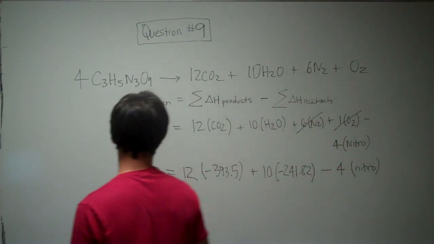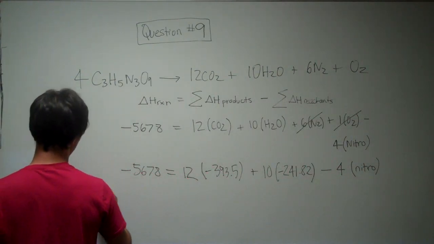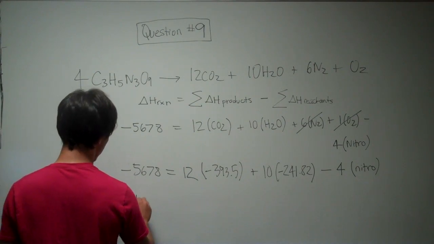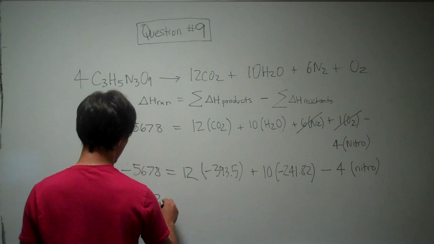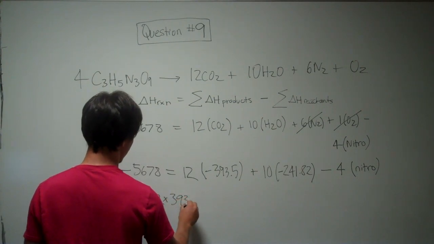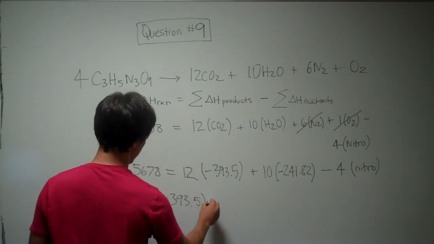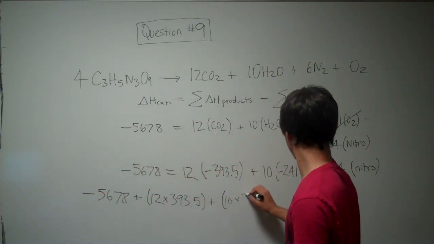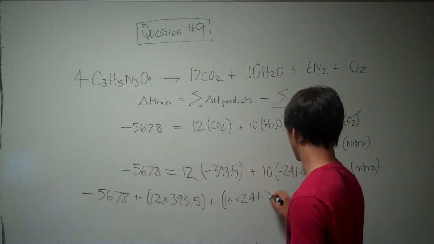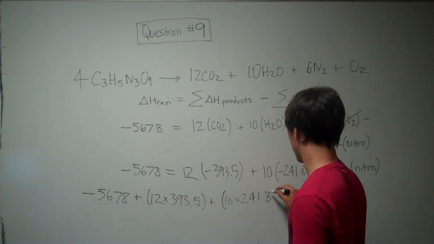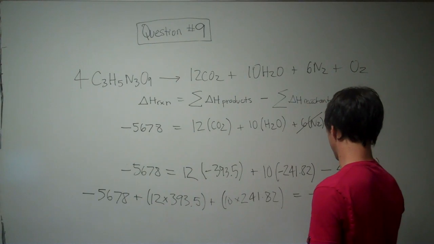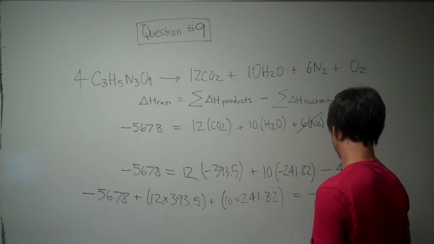So what you're going to end up with is negative 5,678 plus 12 times 393.5 plus 10 times 241.82 equals negative 4 nitroglycerin.